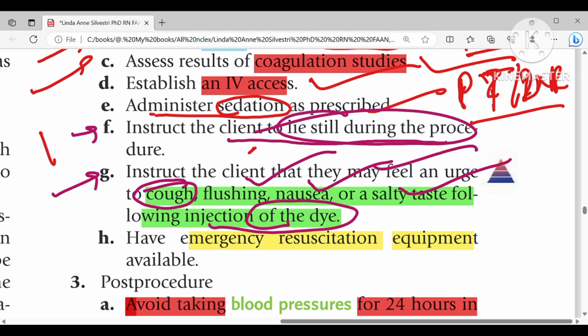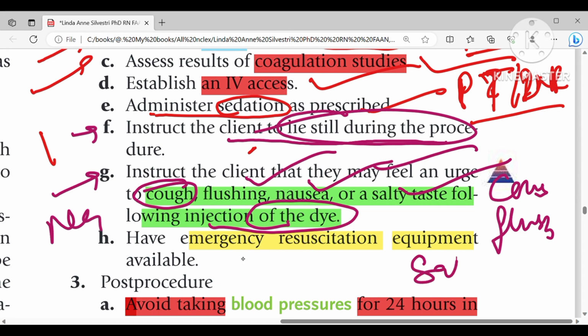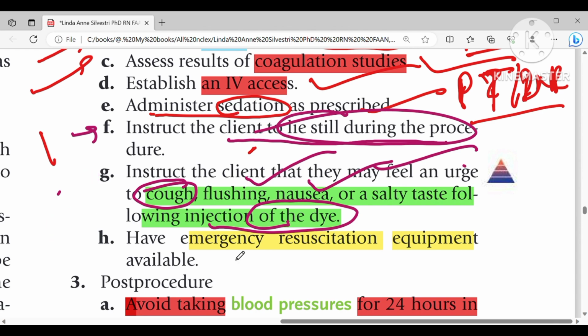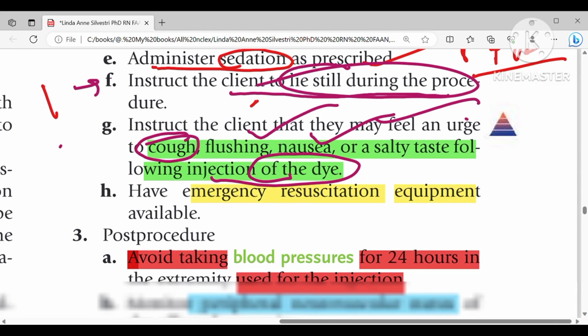So these are all the instructions we should give to the client going for fluoroscopic angiography.